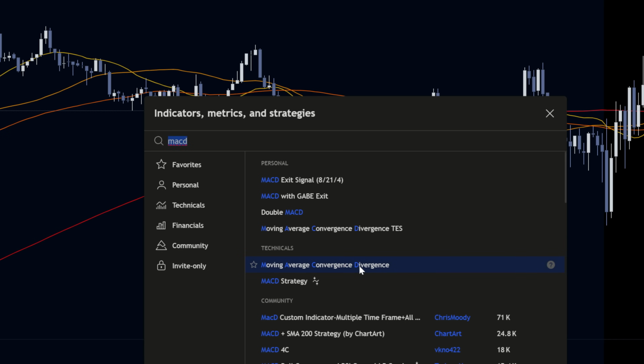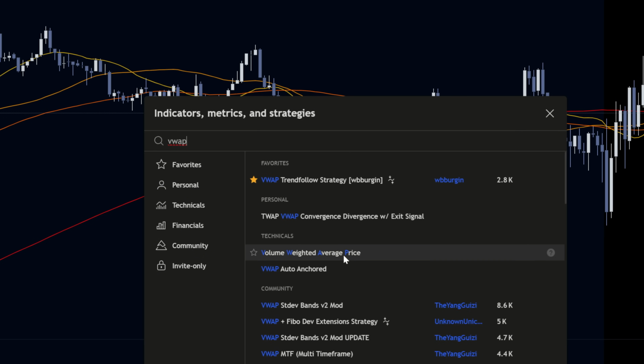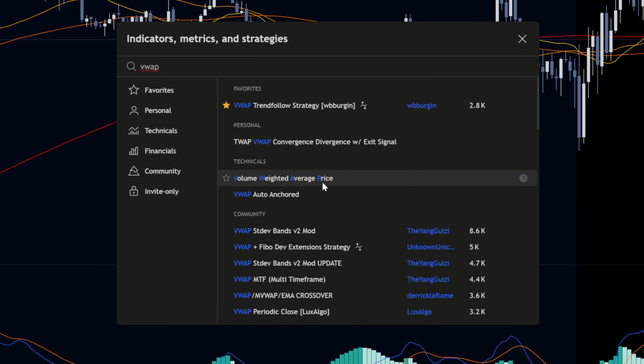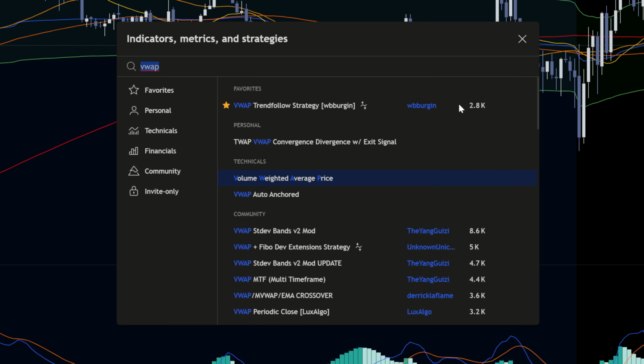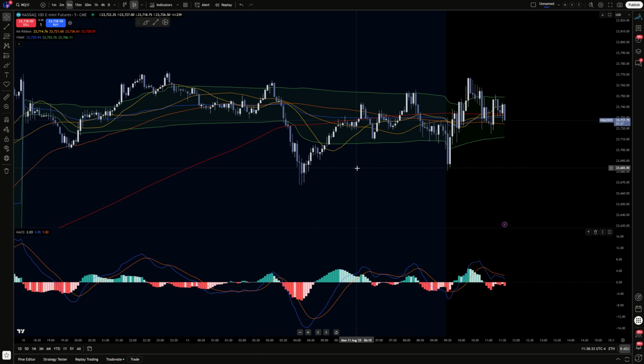Now, the next indicator we're going to add is VWAP, and that's going to be volume weighted average price right there. I'll click that. Now, what we're going to do is alter the settings here.